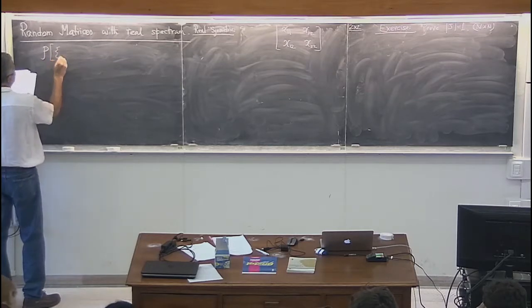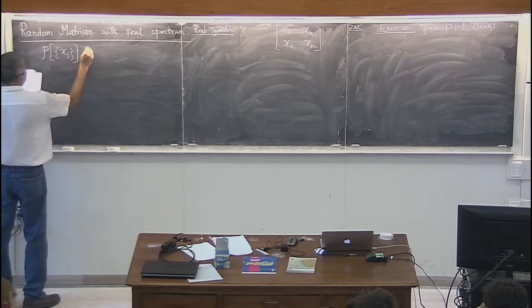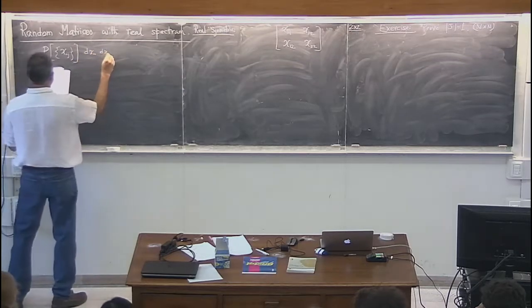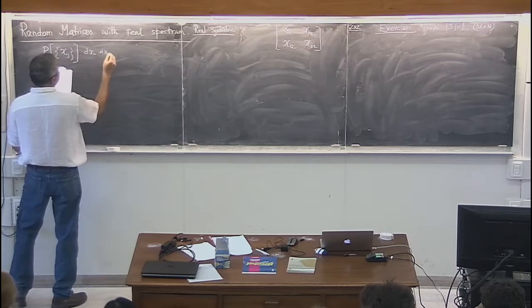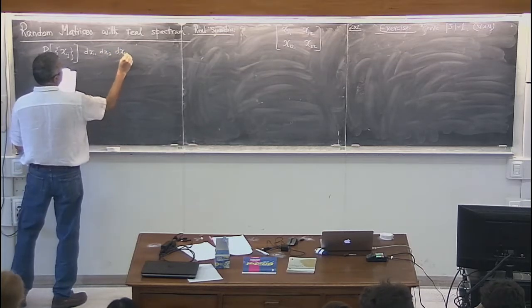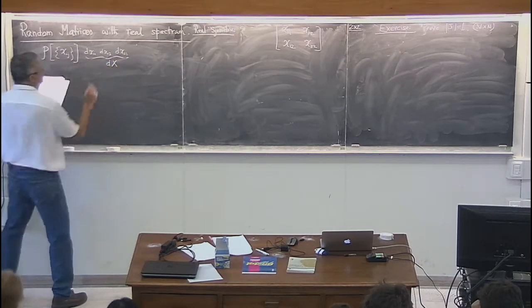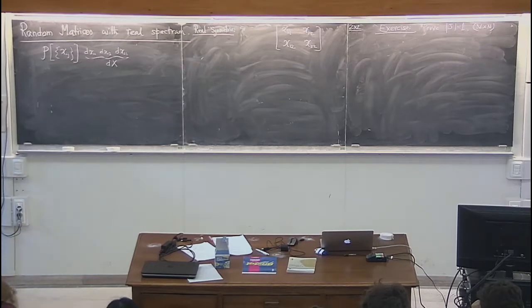I want to now choose all these independent elements, dx11, dx12, dx22 for 2 by 2, whatever. This whole thing I'll generally denote by d of x. And you know that d of x does not change under similarity transformation.